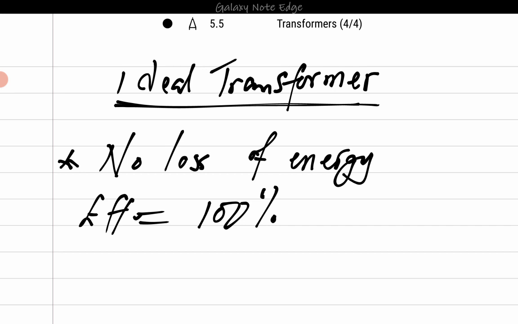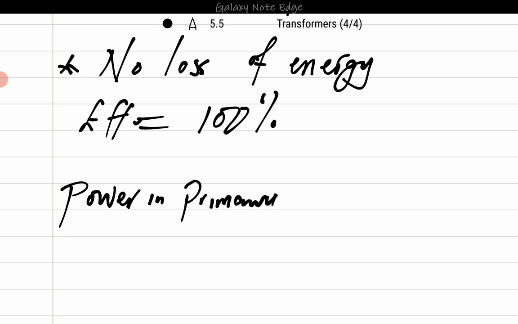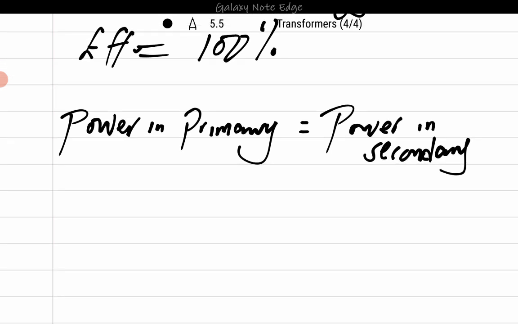So in this case, if we are looking at an ideal transformer, power in the primary coil must be equal to power in secondary. Now take note that this only applies when you're dealing with an ideal transformer.